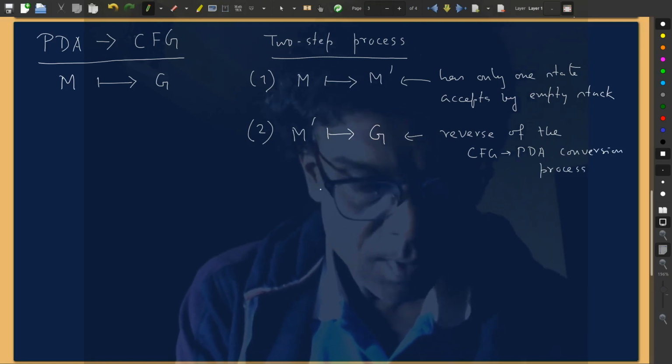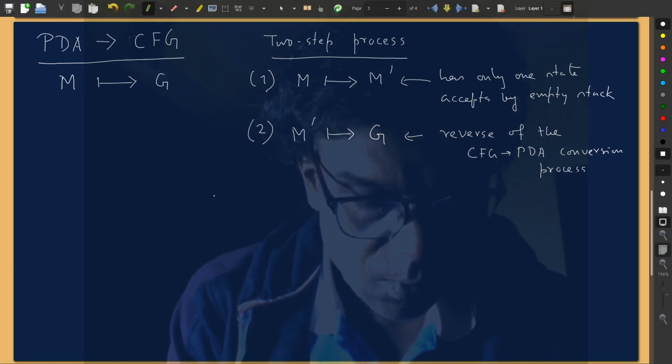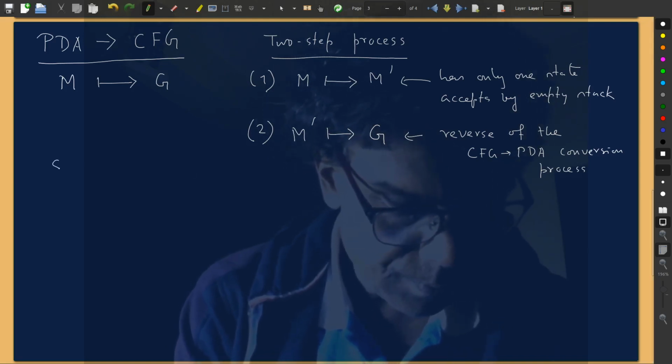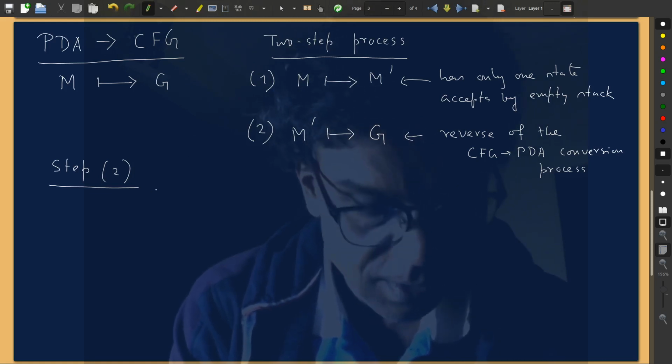Okay, so what does it mean? So if we have something like this, this step 2 is actually the easier part. Step 1 is significantly more difficult than this, so I will come to step 1 later.